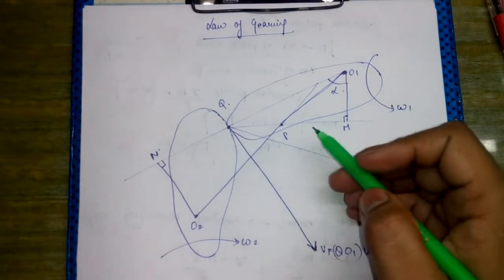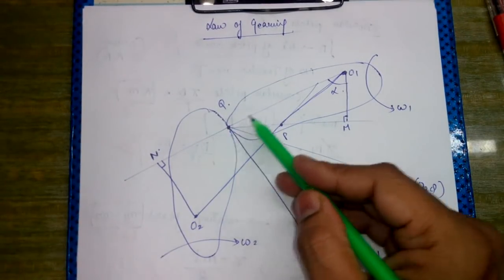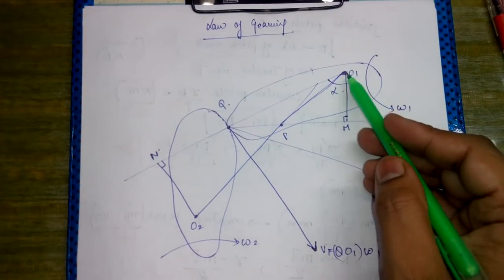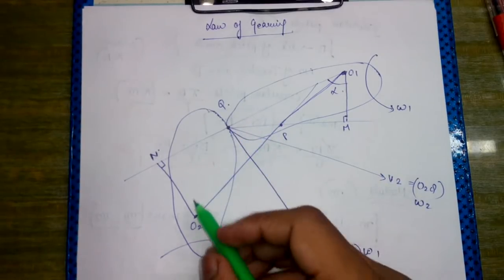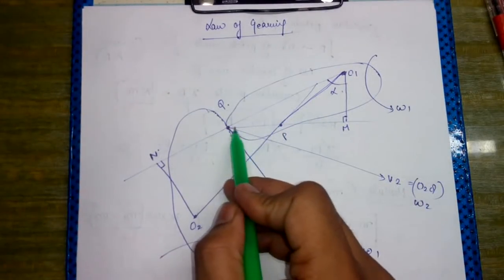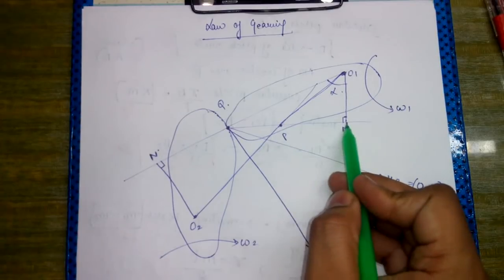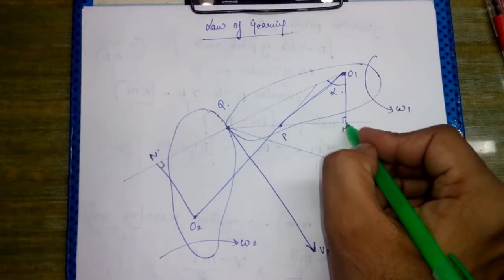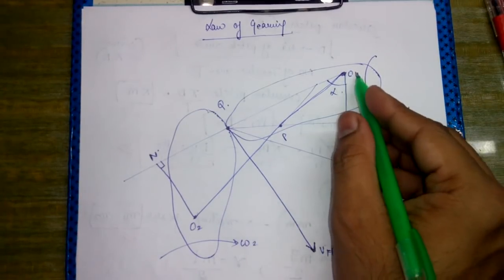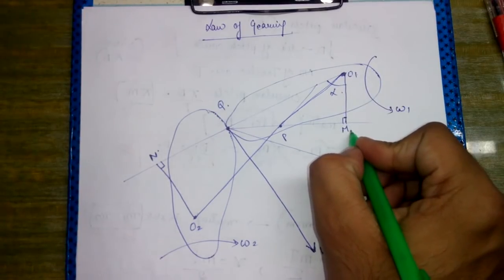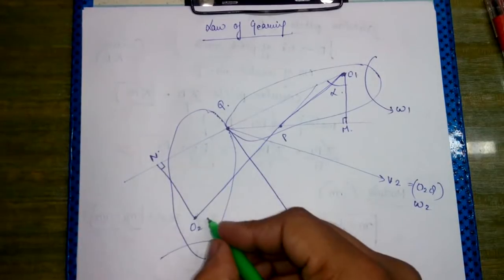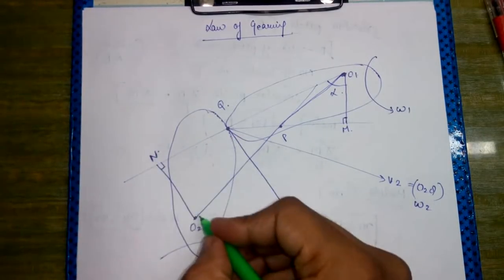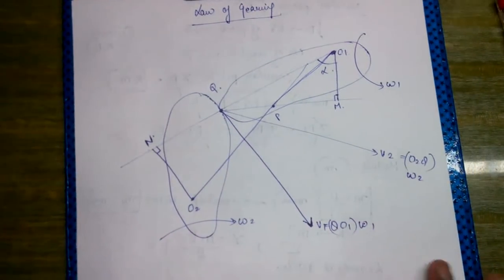Now what we have done is we have drawn a line from O1 such that from O1 we have dropped a perpendicular, and the perpendicular is O1M. Here, by extending this line backwards, a perpendicular has been drawn and it becomes O2N.